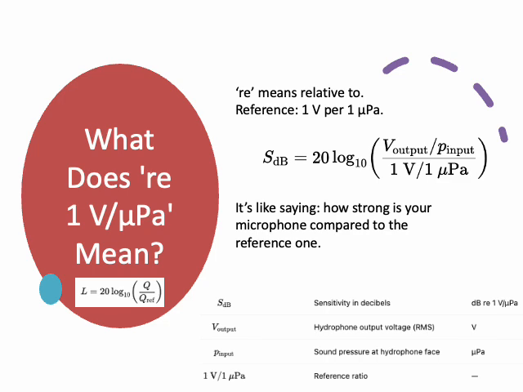This means we're comparing a sensor's output to a standard ratio of 1 volt per 1 micropascal. The formula looks like this, and Q here is V divided by P, voltage divided by pressure. The unit of voltage is volt, the unit of pressure is micropascal. It simplifies to a decibel version of voltage to pressure sensitivity.